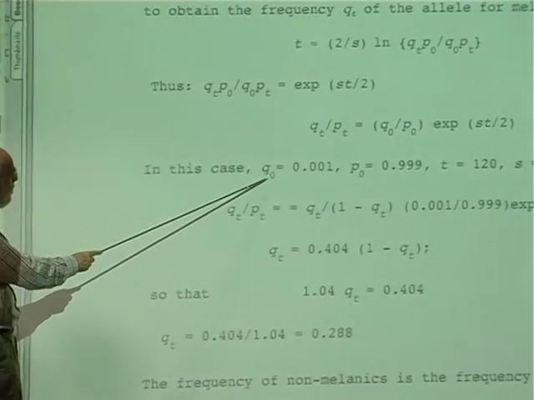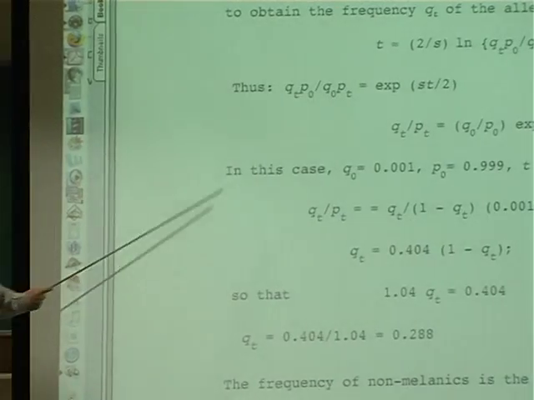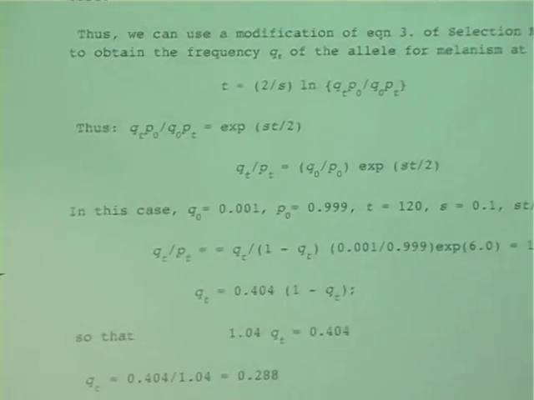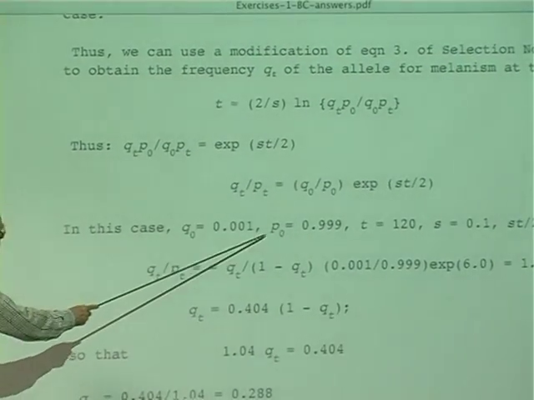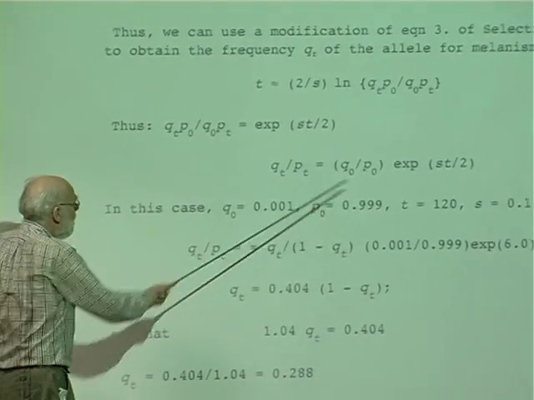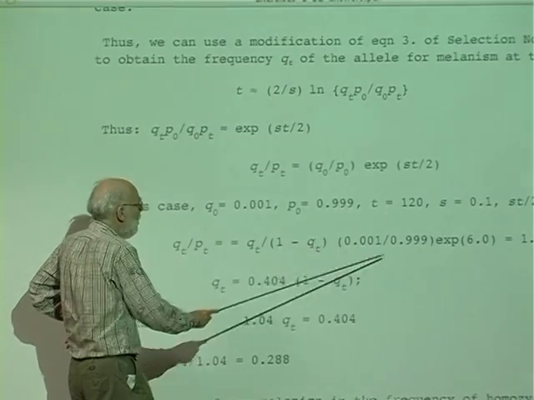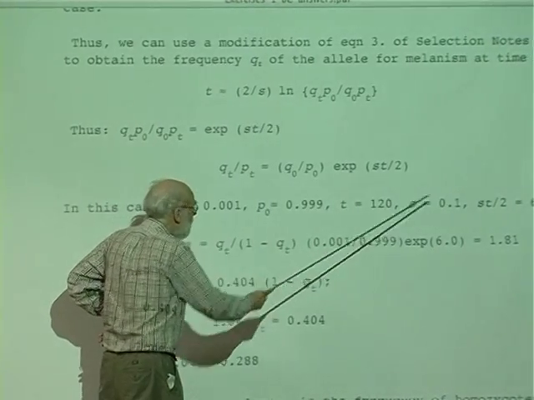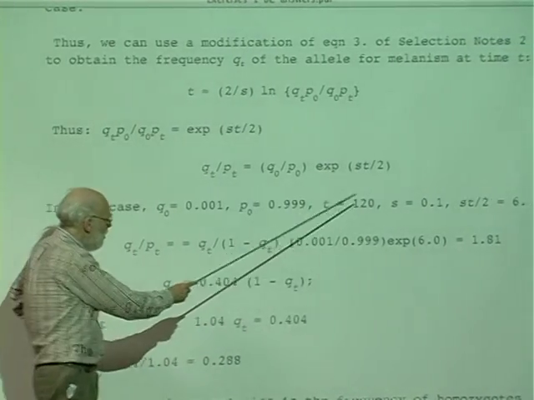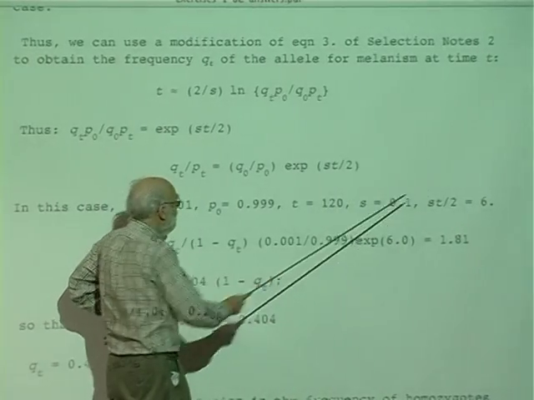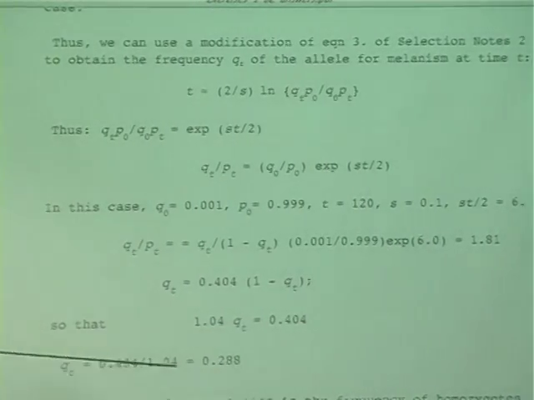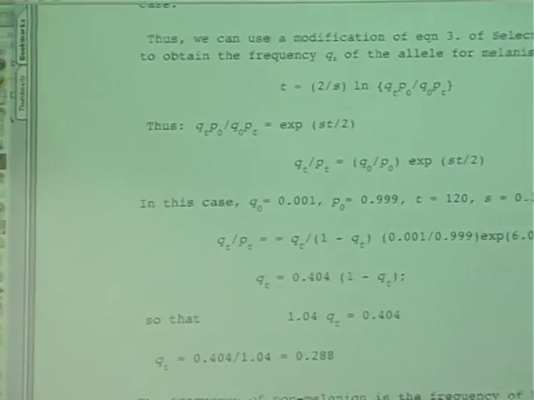You were told the initial frequency of the allele is 0.001. The final frequency is 0.999. t is given to you as 120. s is given to you as 0.1. So s times t over 2, therefore, is 6.